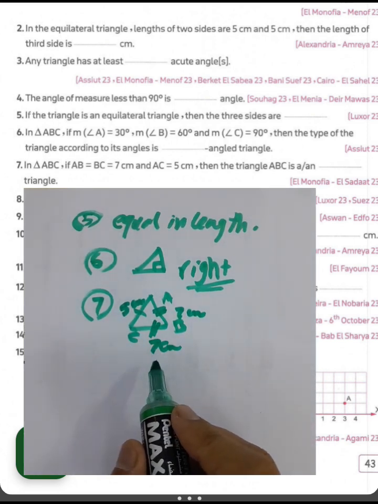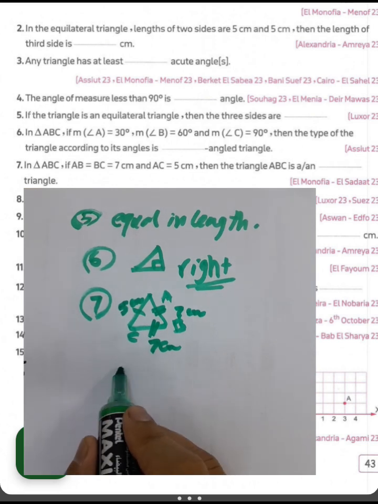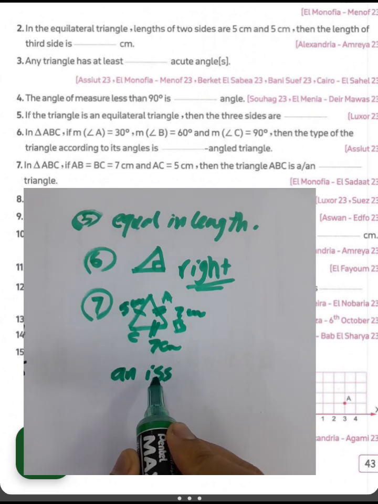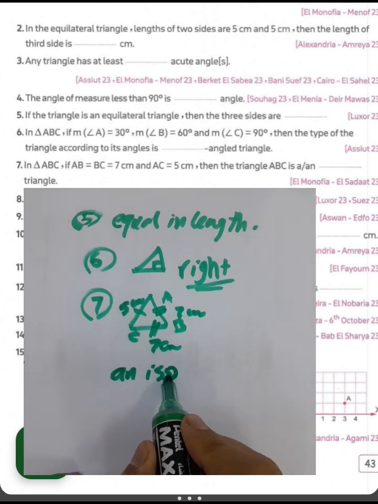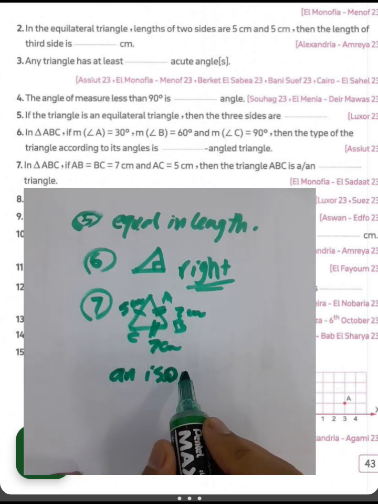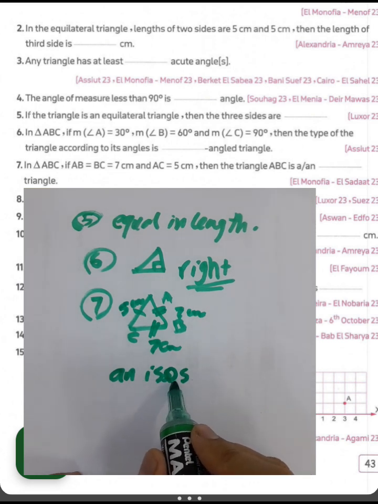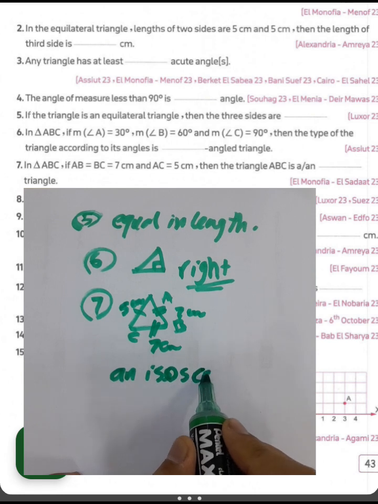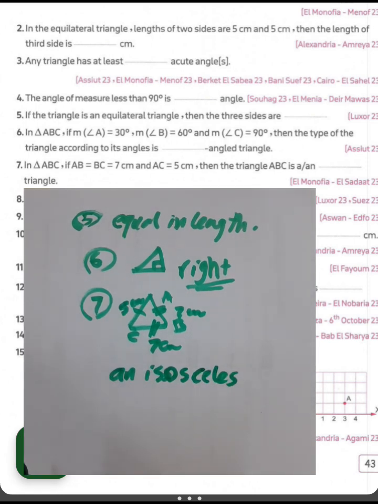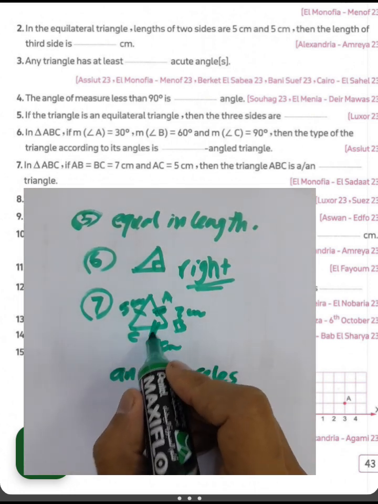Then we call triangle ABC an isosceles triangle. We call it an isosceles triangle because we have two sides equal in length.